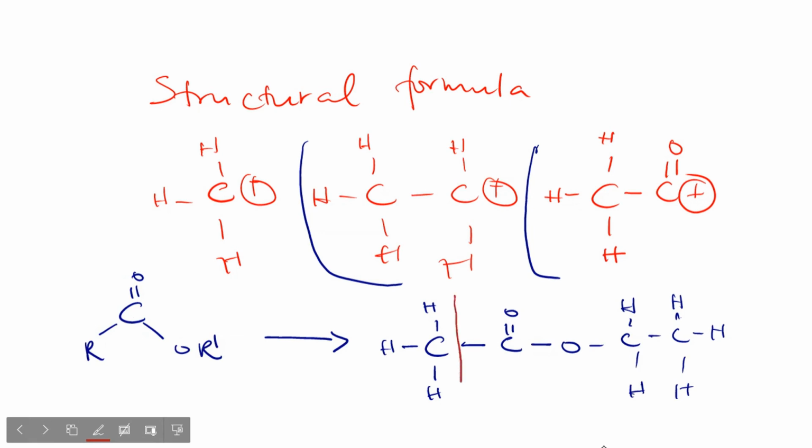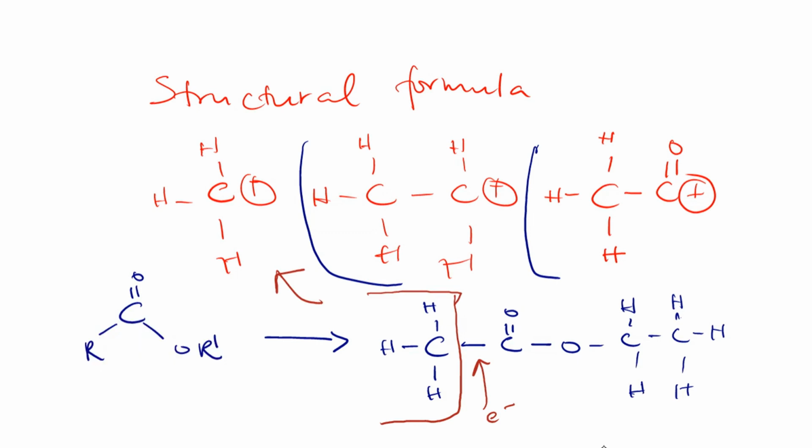So when your sample goes into the ionization chamber, the electron hits it here, and it breaks apart, giving you the ethyl fragment, the methyl fragment. And then another time, it breaks here, giving a fragment.